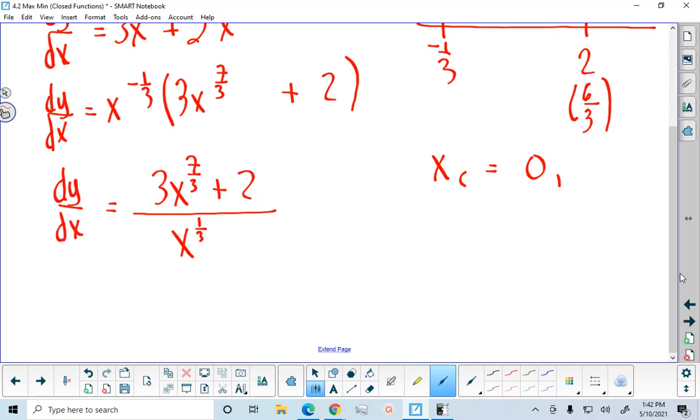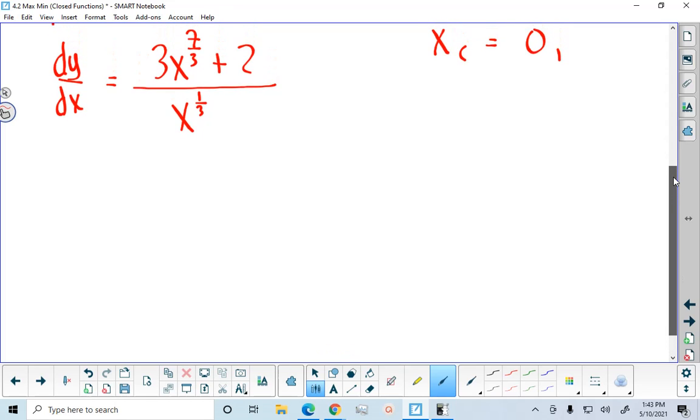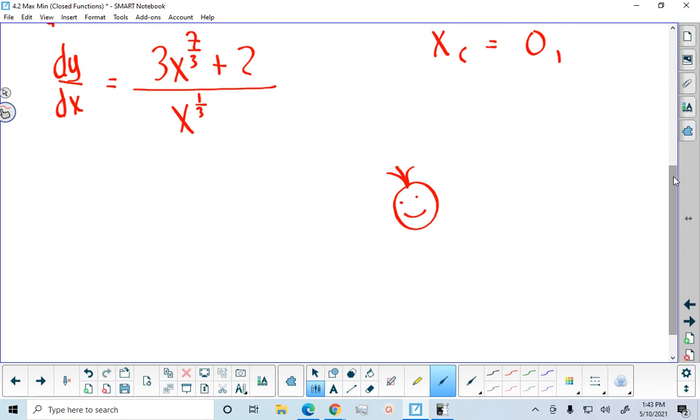I also get, there's a little bit of thinking here that has to go on with the top. I need to take 3x to the 7/3 plus 2 and set it equal to 0. So I'm going to subtract 2. I'm going to divide by 3.